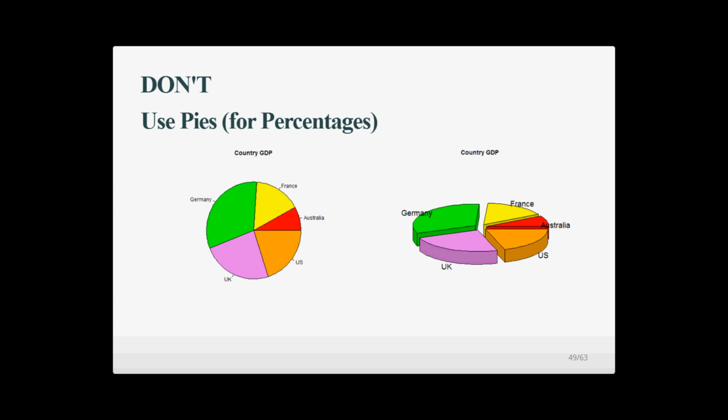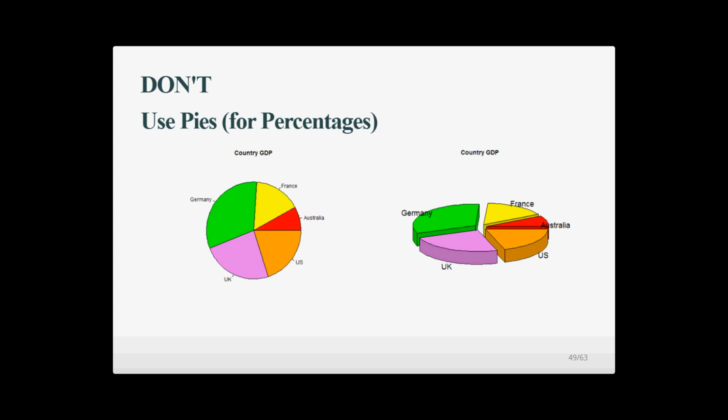But the problem is, let's take a look at the UK and US here in this pie graph, and I ask which country's GDP is larger. It's very difficult to tell, because we sense geometric area as a preattentive attribute, but there are better preattentive attributes that we can use.